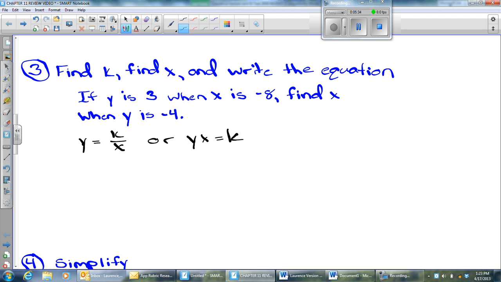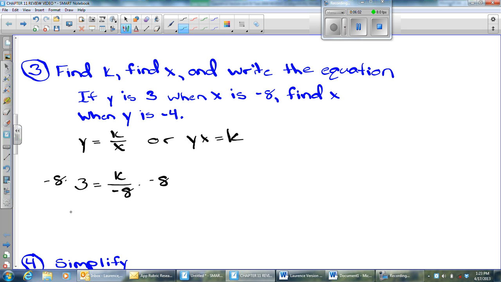They mean the same thing because all we did was manipulate this k over x. We multiplied by x to both sides and got xy equals k. So I'm going to plug in what we know. So if y is 3 when x is -8, I'm going to solve for k. I'm going to multiply by -8 on both sides.